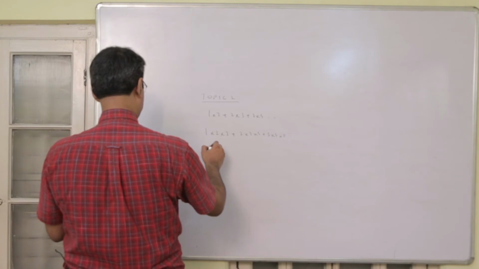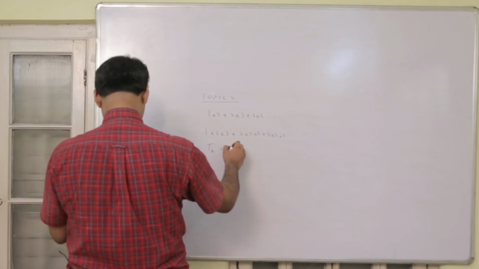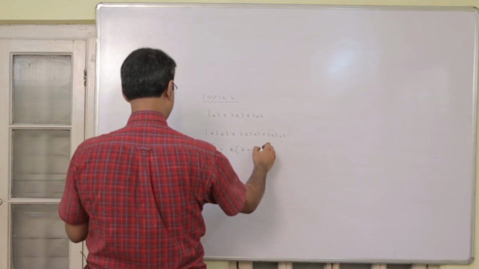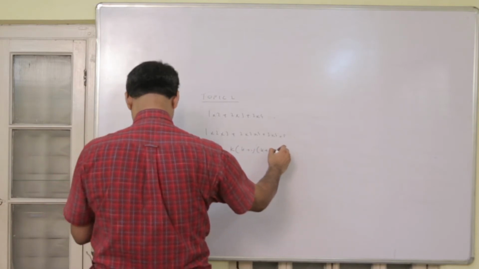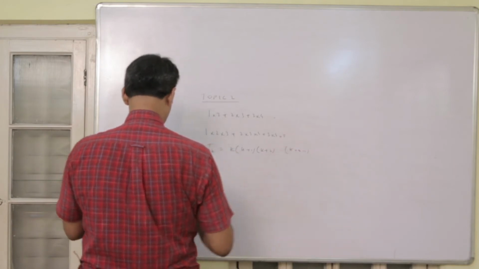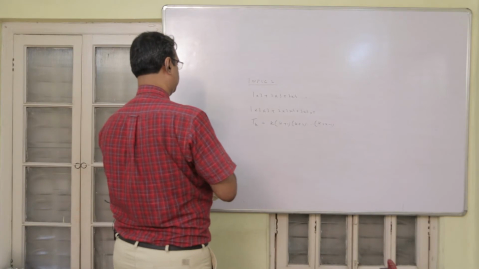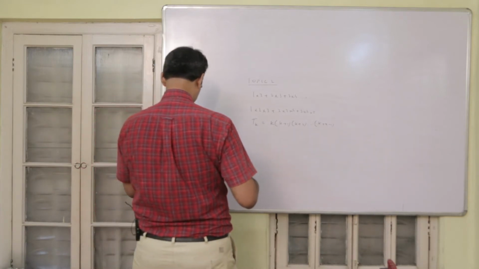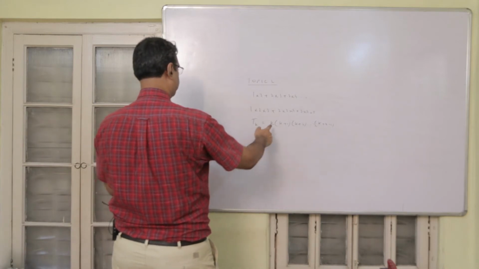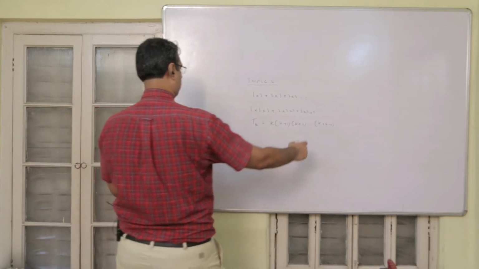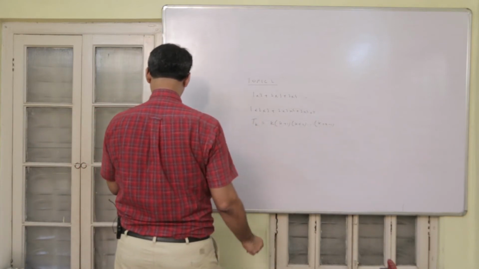So let us begin by taking a general term. Let's call it Tk. So let's say Tk begins with the natural number k, and to find Tk we are writing k into k plus 1 into k plus 2 up to k plus r minus 1.